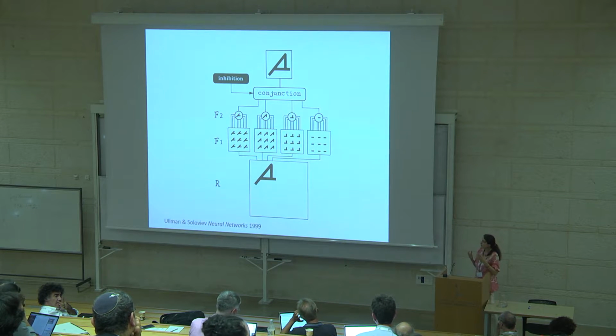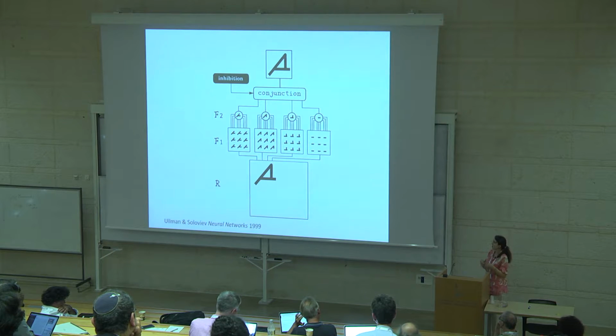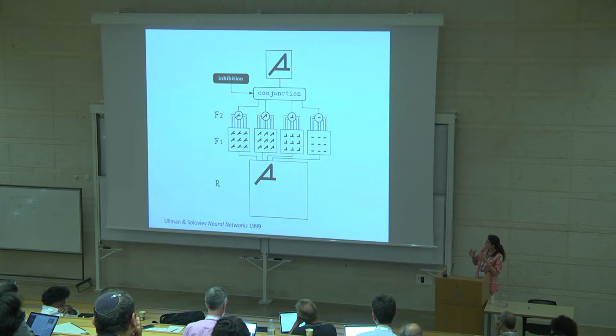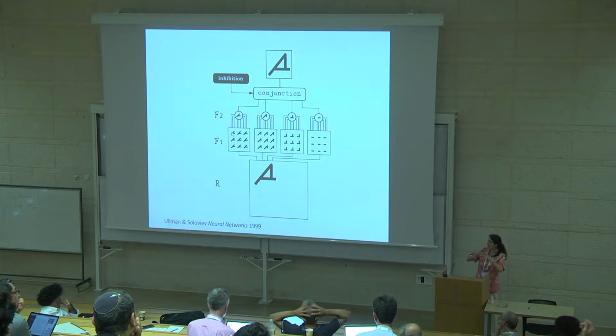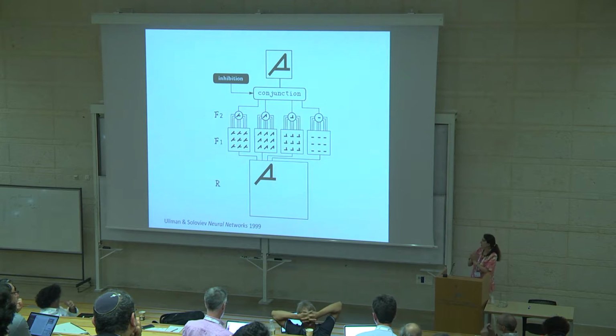So qualitatively, it leads to two observations. One is we have to gradually increase the complexity of features and gradually increase invariance. So the integration of invariant representations and feature complexity has to be interleaved.